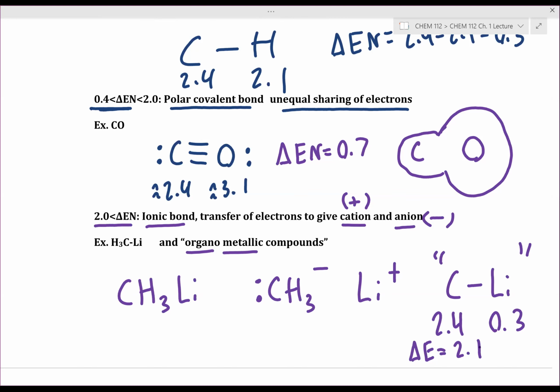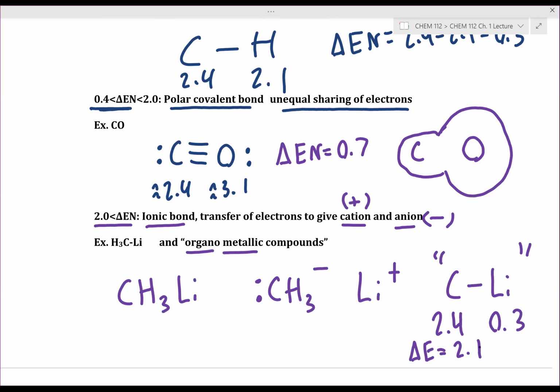Yes, exactly. Can you do it for me? If you were drawing a Lewis structure, you wouldn't draw a carbon-lithium bond. Instead, you draw a carbon with a lone pair and a lithium cation associated with that negatively charged carbon. They'd be adjacent, but they would not be bonded to each other.